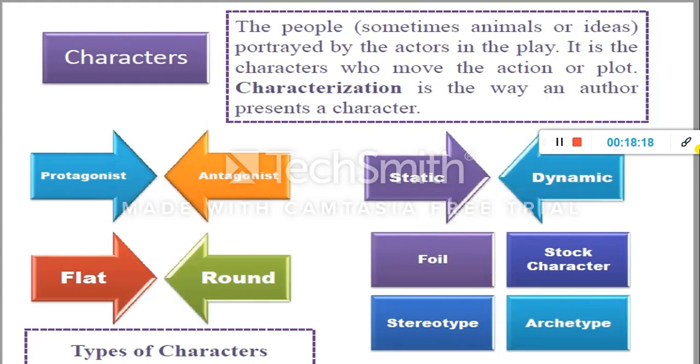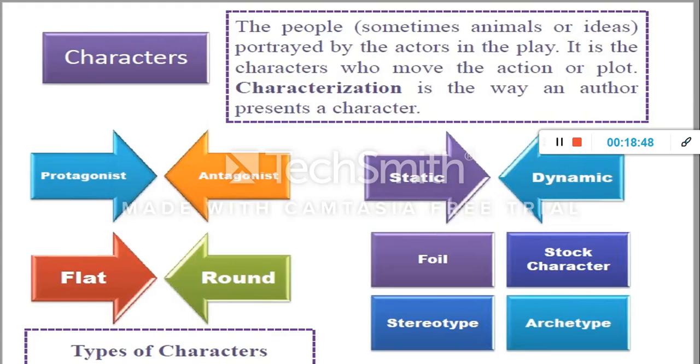So by character, we mean the people or animals, or sometimes ideas which are dealt with as human beings, who play a role in the play, or explain the conflict, or have a role in the conflict.